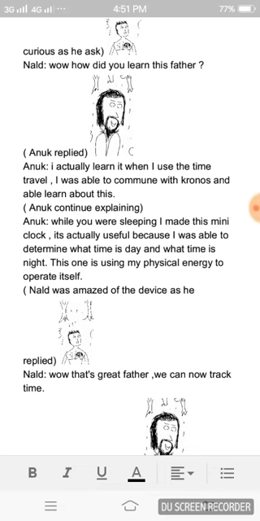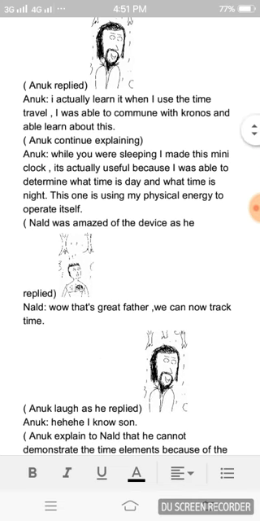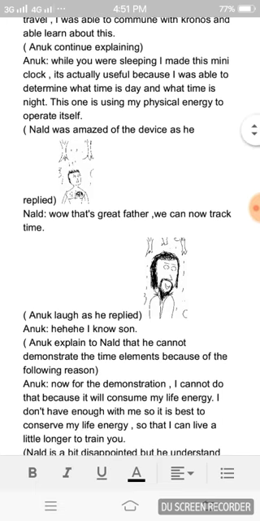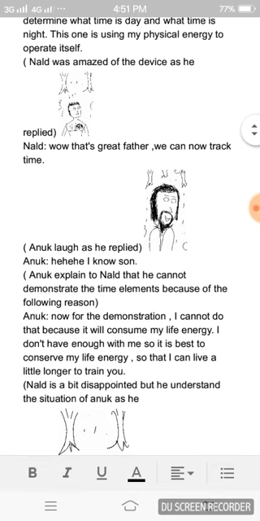It's actually useful because I was able to determine what time is day and what time is night. This one is using my physical energy to operate it." Nald was amazed as he replied, "Wow, that's great, father. We can now track time." Anuak laughed as he replied, "I know, son."